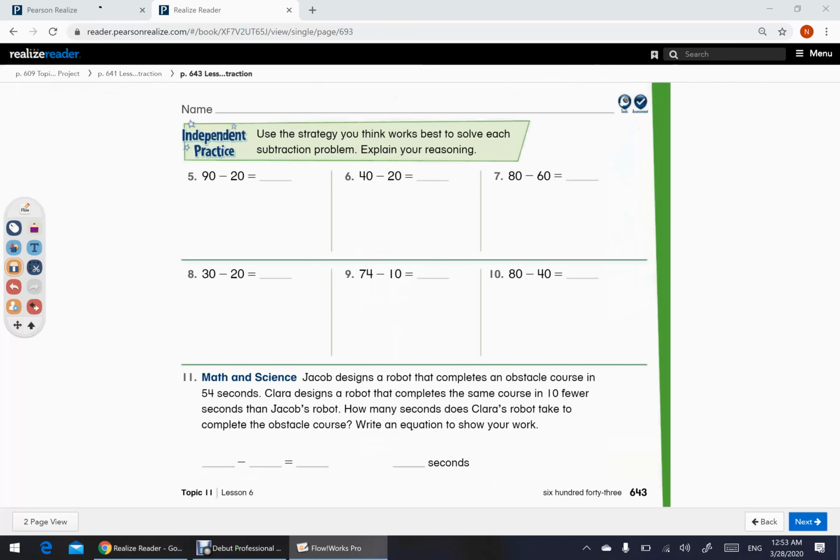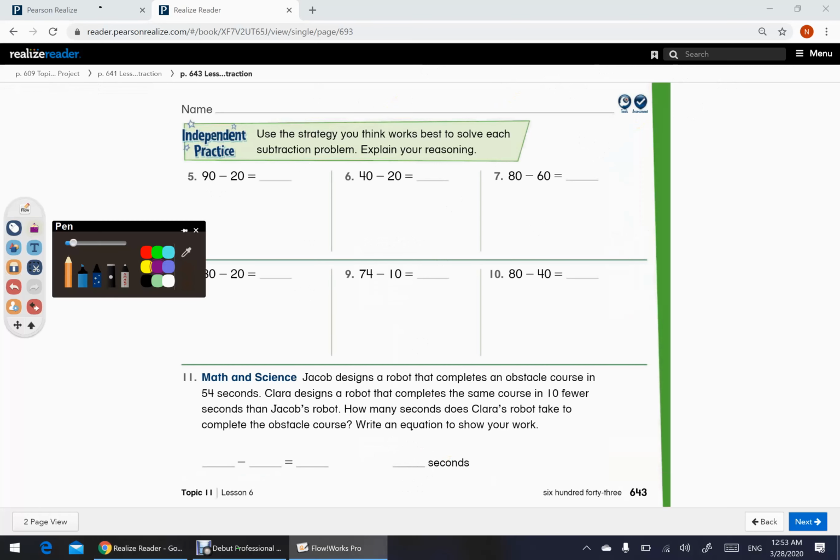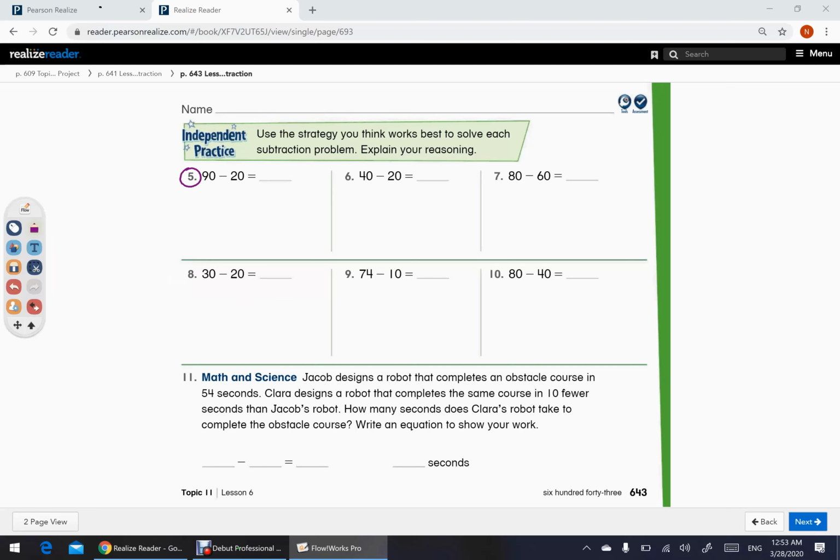Now here, this is an independent practice that you will do by yourself. So I will just explain. Use the strategy you think works best to solve each subtraction problem. Explain your reasoning. Now, number 5, 90 minus 20. What I can do here is use an open number line, or I can also use think addition to subtract.